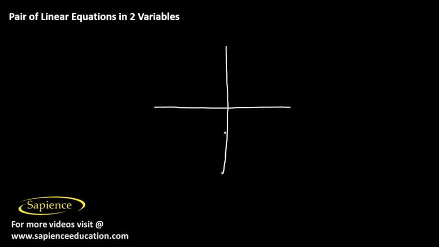Now we will consider a pair of linear equations. One of the equations is like this. All linear equations are just straight lines in the Cartesian plane. So this will be our first linear equation: a1x plus b1y plus c1 is equal to 0.